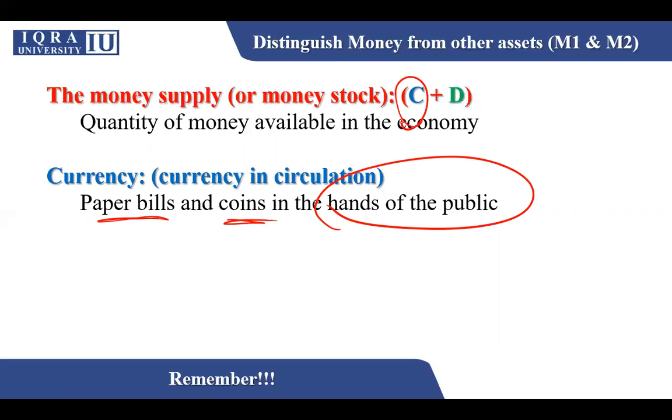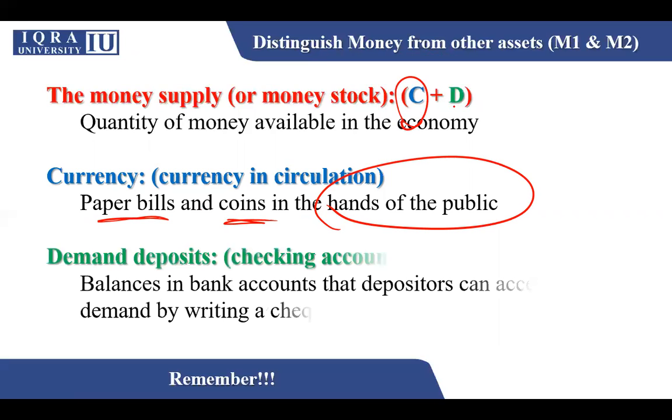So C plus D, which is demand deposits. C plus D, demand deposits, which are checking accounts, balances in the bank's account that depositors can access on demand by writing a check.